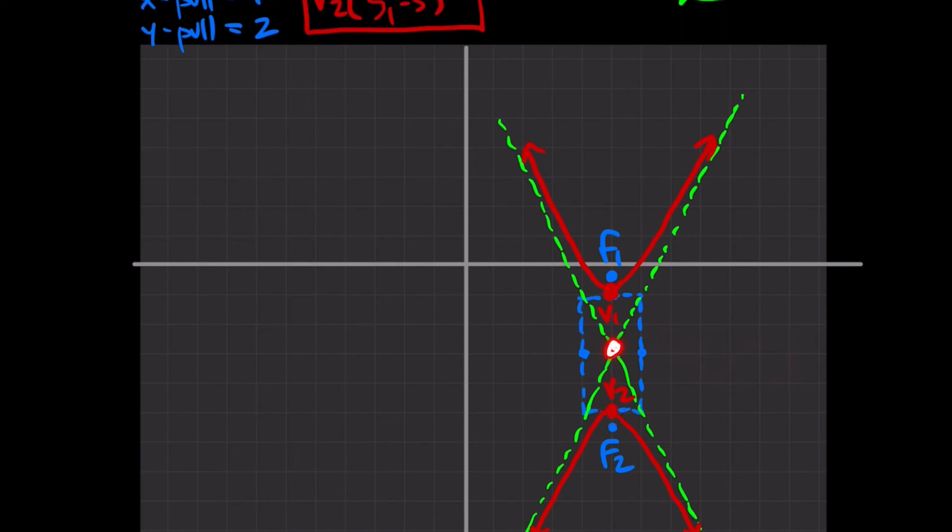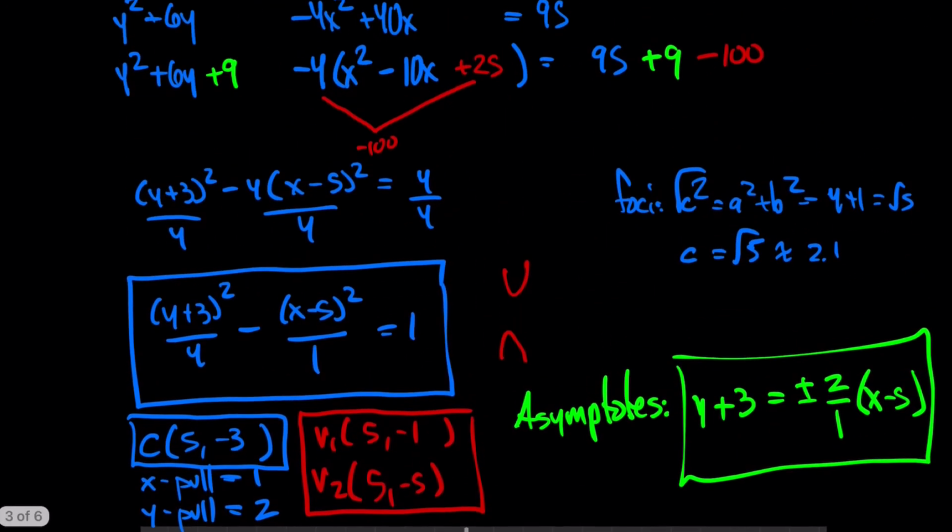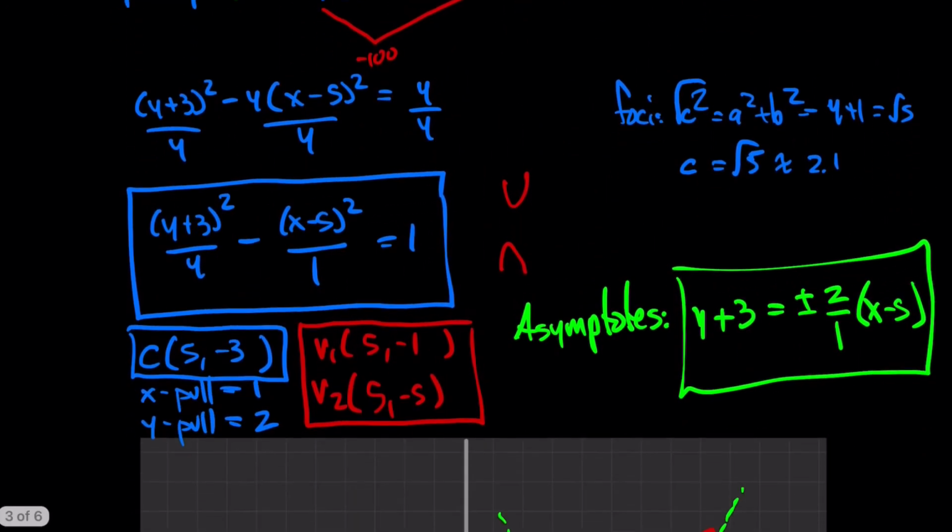So we start with the center, add the c value to the y for one, subtract the c value from the y for the other. So I don't even need to look at my graph. So F1 is going to be the center x coordinate, 5, negative 3 plus radical 5, and F2 is going to be the x value, 5, and then negative 3 minus radical 5.